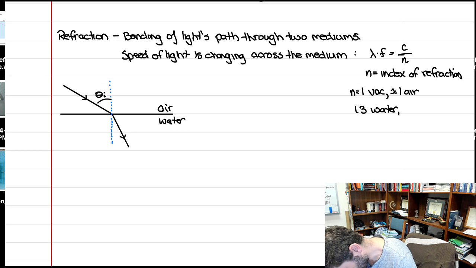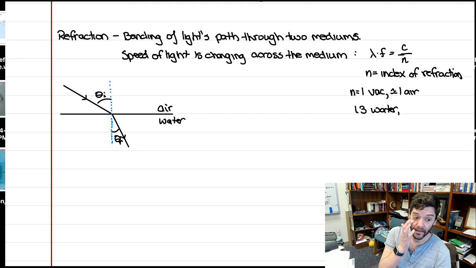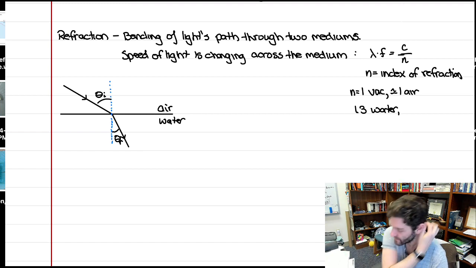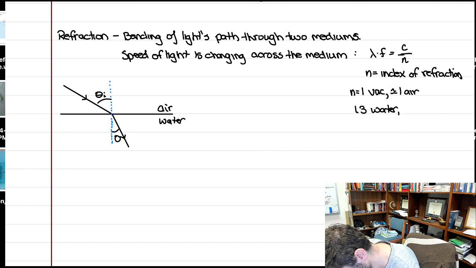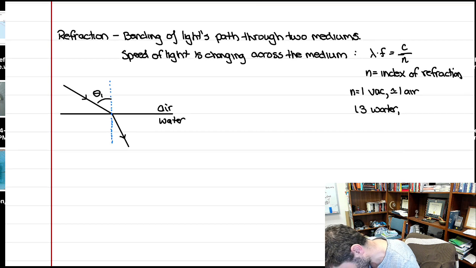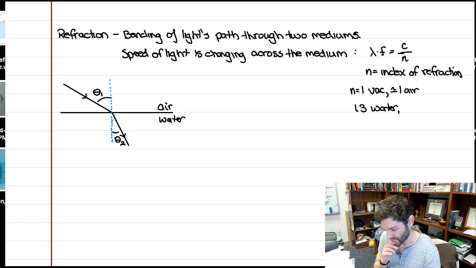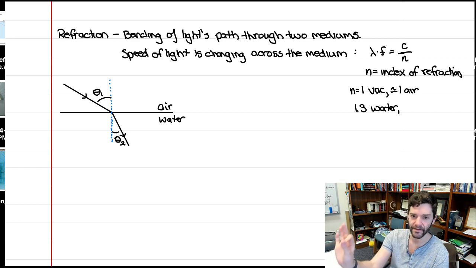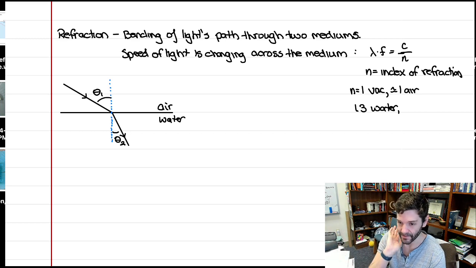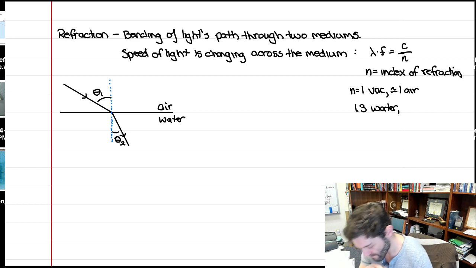And then I could define this angle here as perhaps the refracted angle. Unfortunately, reflected and refracted both start with the letter R. So what I'm going to do instead is call them theta 1 and theta 2. The order gives you a sense of the directions, right? I'm going from air to water in this case.